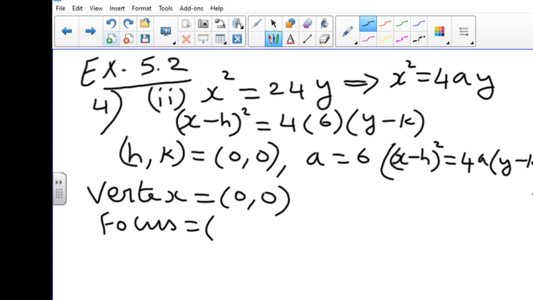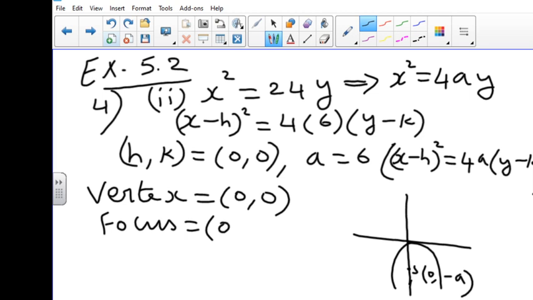Therefore, the parabola will open downward. When it is open downward, the focus is 0 comma minus a. Therefore, here the focus is 0 comma minus 6. And then it is asked to find the directrix.